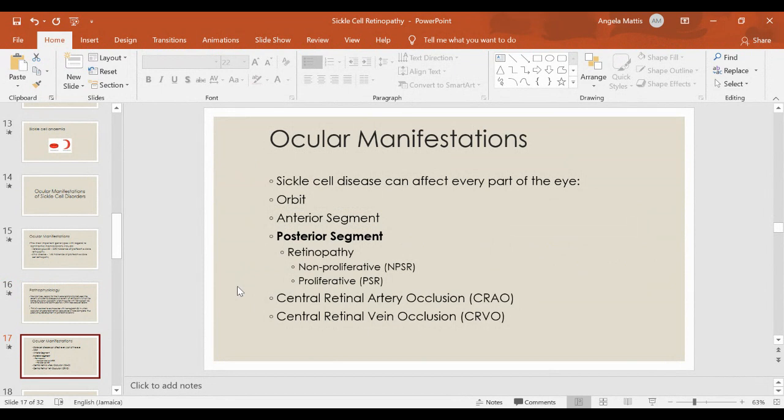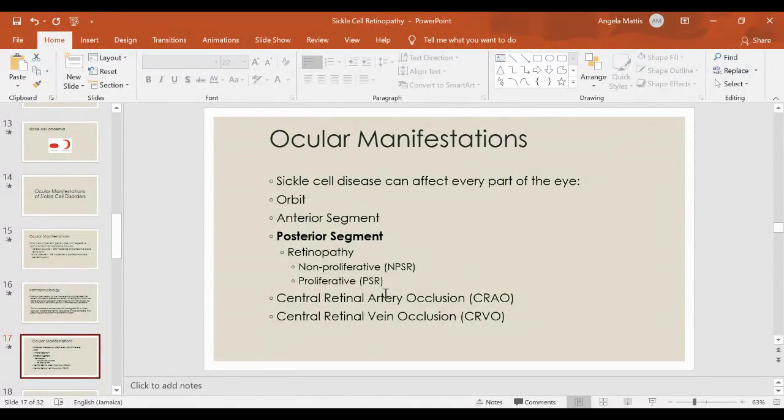So what do we see? In sickle cell, it can affect every part of the eye. You can get the orbit being affected. You can get the anterior segment being affected. We're going to specifically look at the posterior segment, specifically the retinopathies, where we get non-proliferative and proliferative.